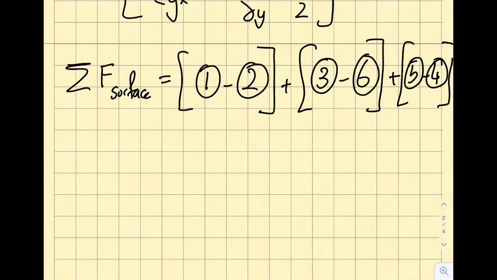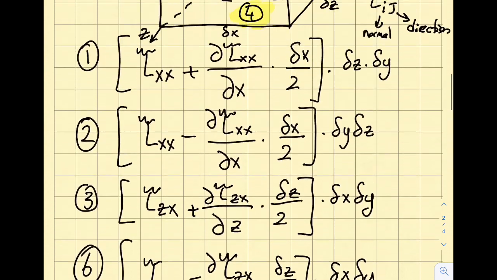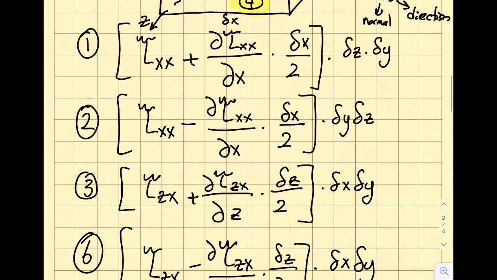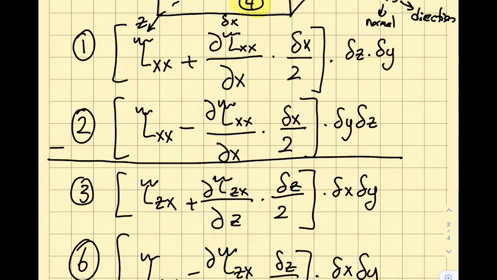Now, let's take a look at the rest. Basically, I'm going to have 1 minus 2, so let's just look at these first 2. You can see over here that when I'm subtracting, this term times delta z delta y, there's a minus tau xx delta y delta z.